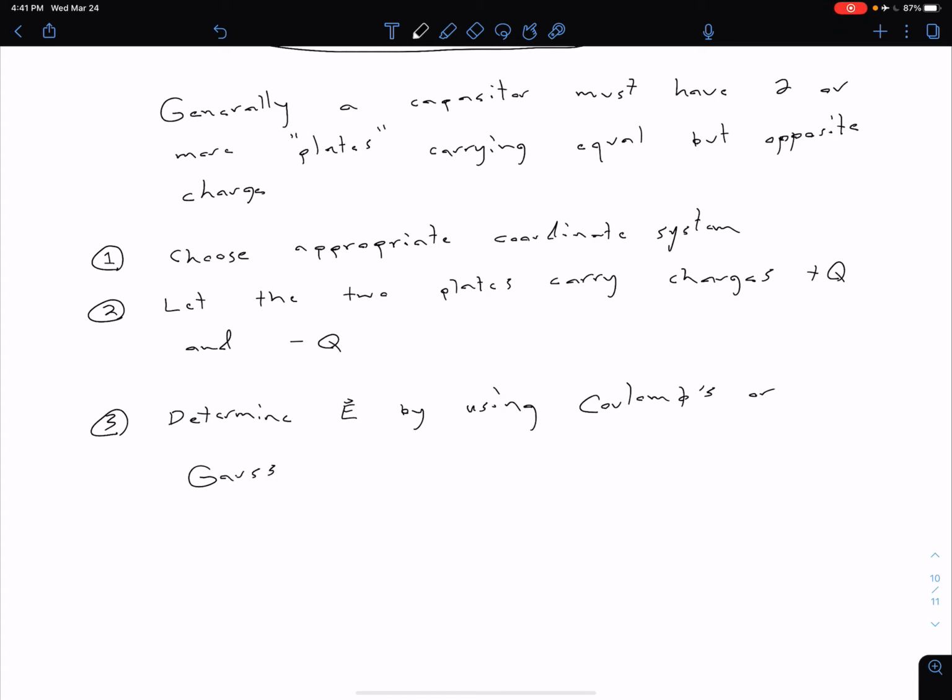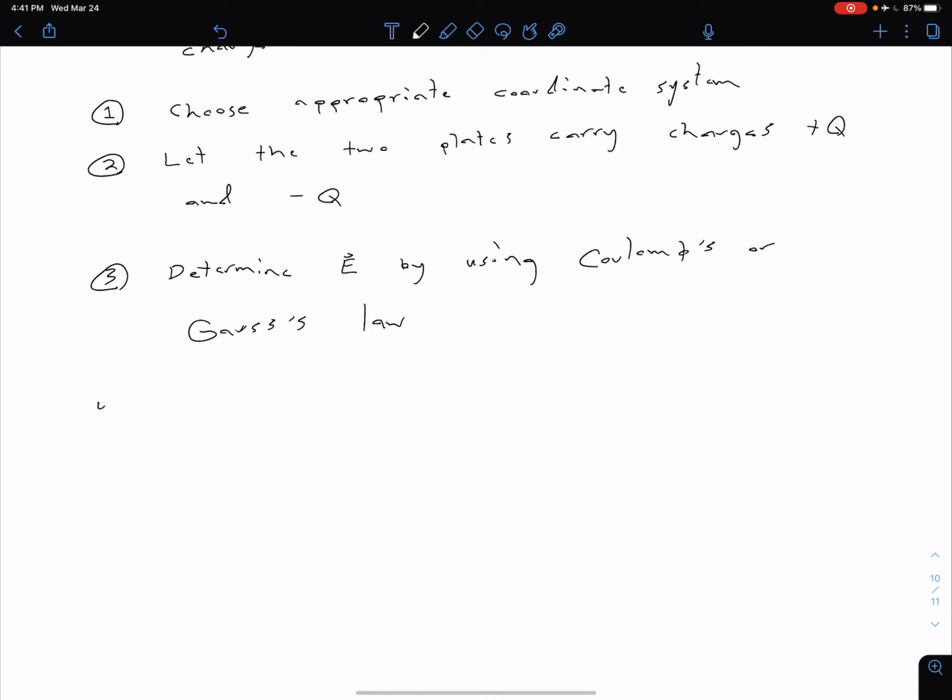And so we talked about that, of course, in a previous unit. If we have symmetry in our charge distribution, then Gauss's law is going to be easier. But of course, Coulomb's law is the more general one.